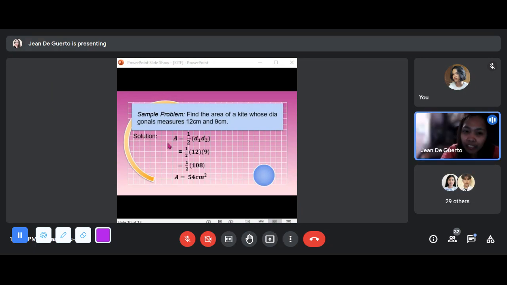Okay, or you can have, since this is 1/2, you will cross multiply, you have A is equal to 1/2 times D1 times D2, given the area. So 200 is equal to 1/2 times D1 or 10 times D. Or you can also represent that as X. So cross multiply.